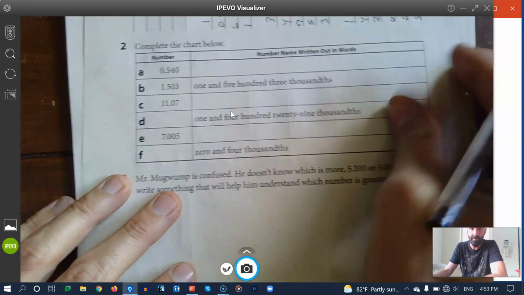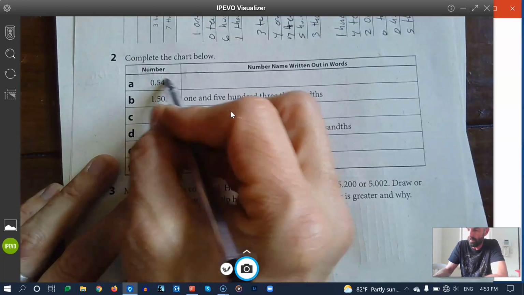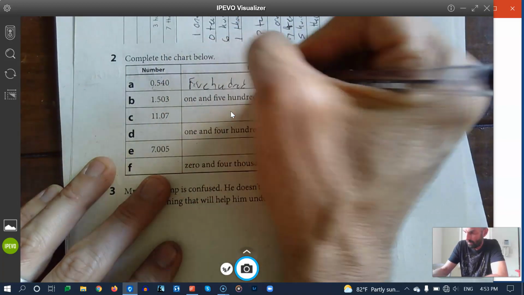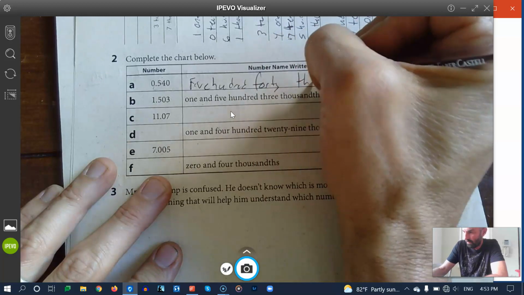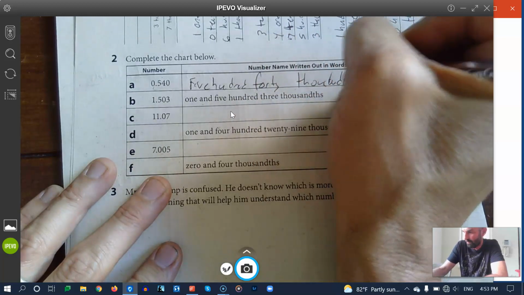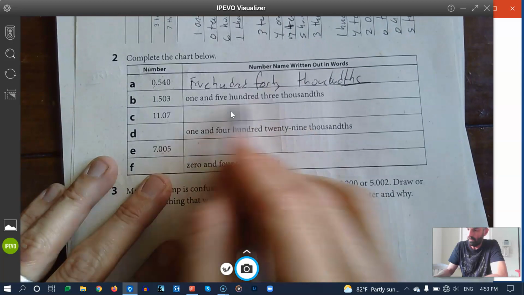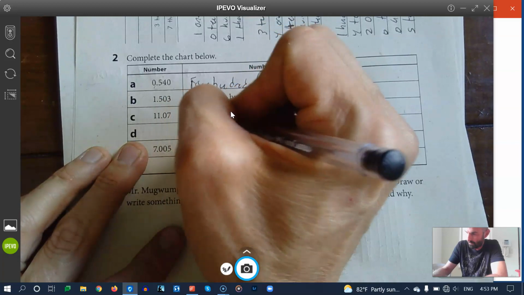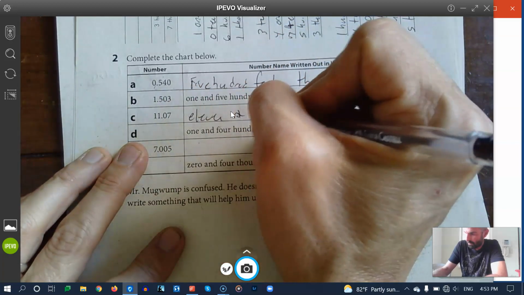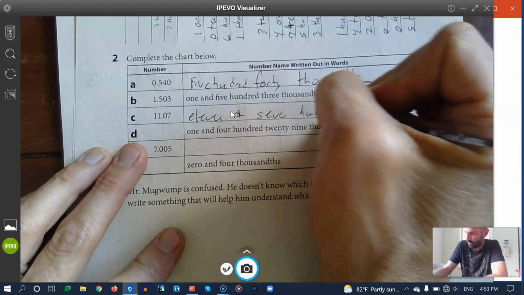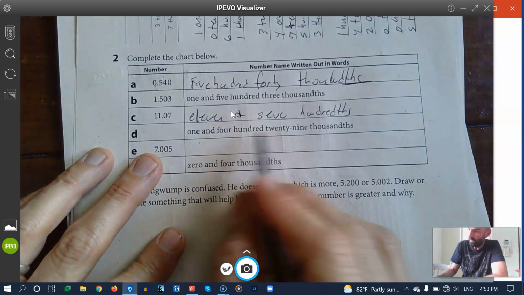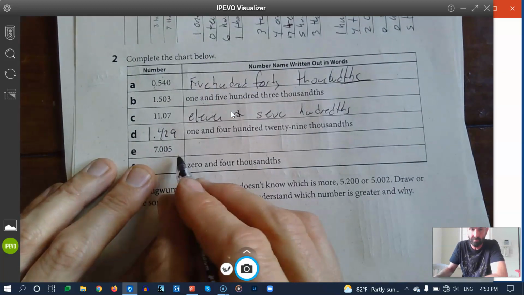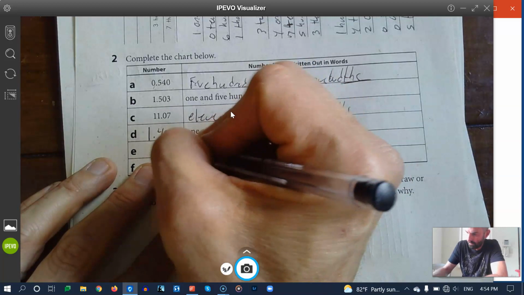Complete the chart. We have the number, and we have the number name written out. Again, we read everything to the right of the decimal. 540 thousandths. 1 and 500 thousandths, I don't have to do anything there. 11 and 7 hundredths. 1 and 429 thousandths. 7 and 5 thousandths.